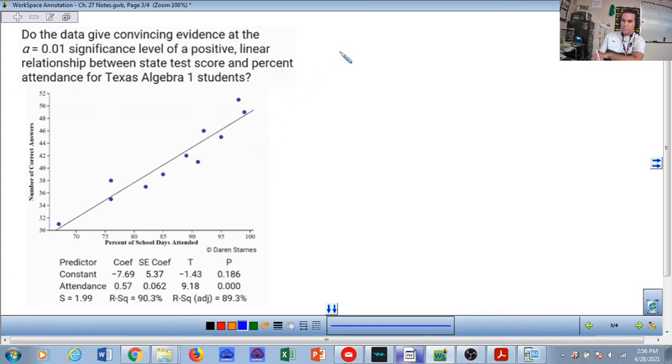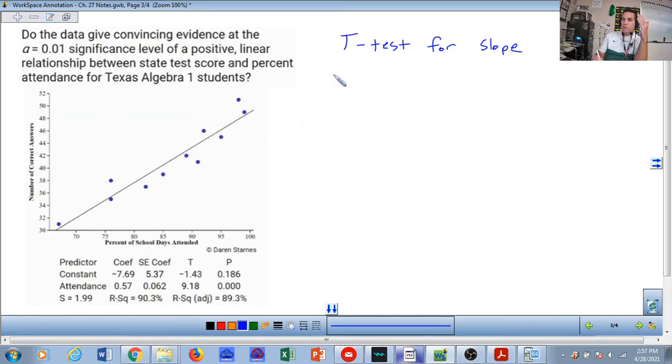Now, what does a t-test for slope look like? A t-test for slope is sort of like a confidence interval. We're trying to figure out what is the true slope of the population, not of our sample, the population.